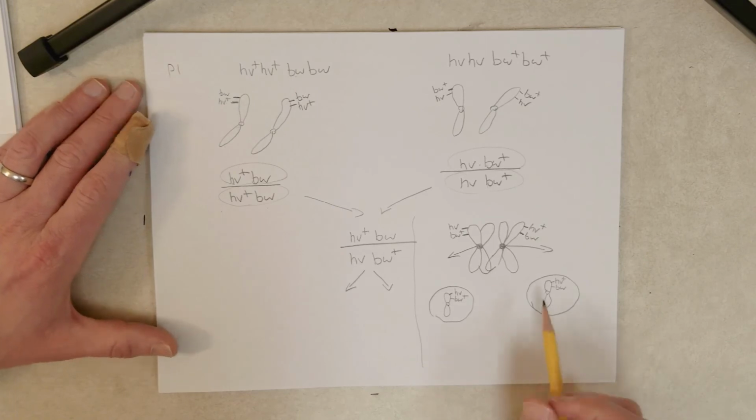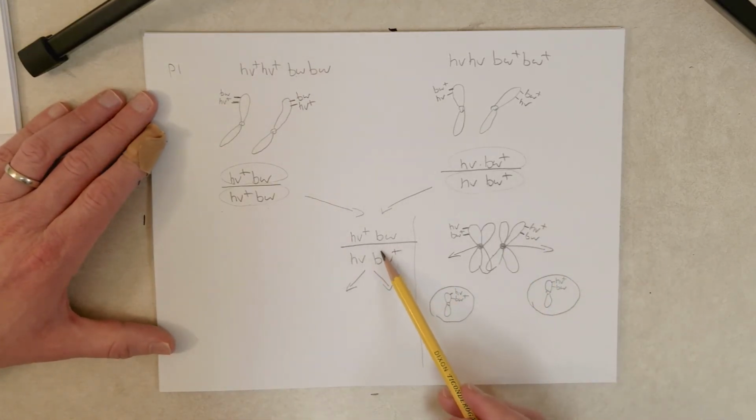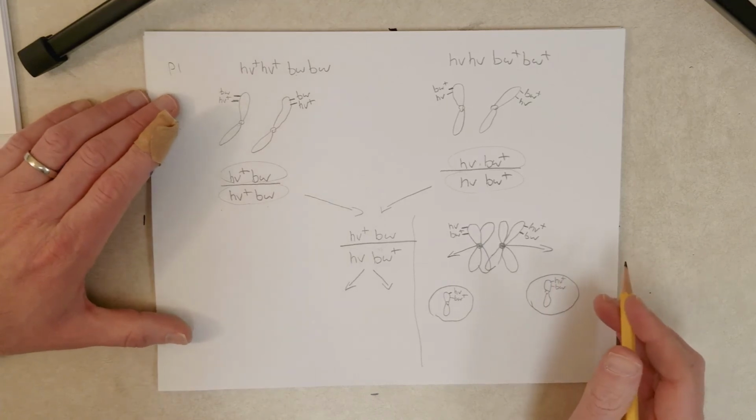Almost all of the gametes from this fly will have this combination of alleles, hv with the wild type brown, or wild type heavy with the mutant brown. So if you notice, we're missing something, right?